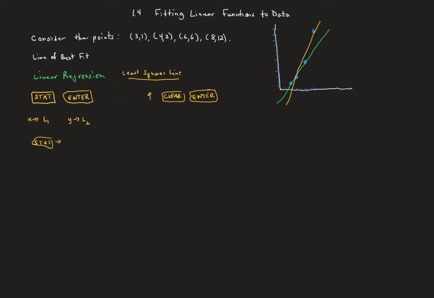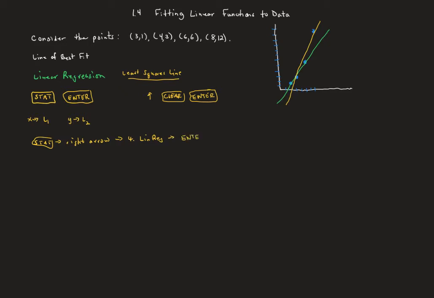And then after you've done that, you're going to right arrow so that you move the cursor onto the calculate menu. And then there's actually 2 different ways you can do linear regression. It doesn't make any difference which one you do, but option 4 is going to be LinReg, linear regression, and that's what we want. So once you get to there, then you can just hit enter.